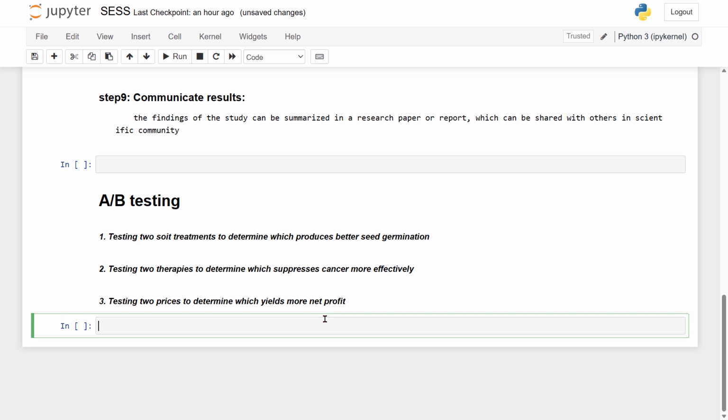And the next example we have seen before: testing two web designs or headlines to determine which produces more clicks.